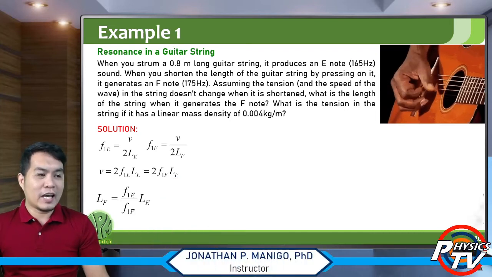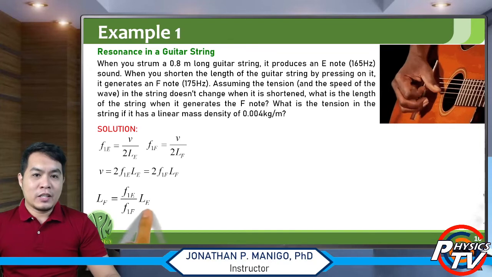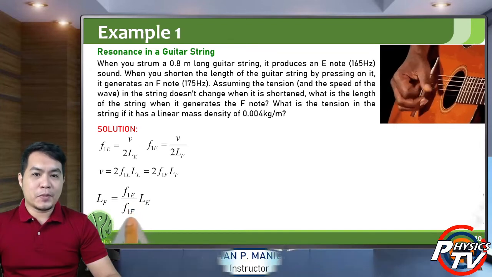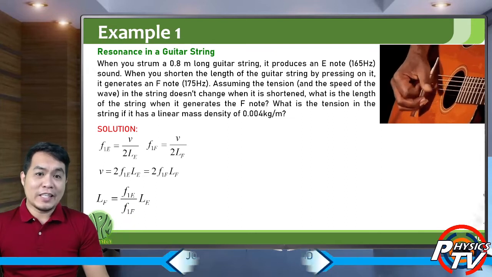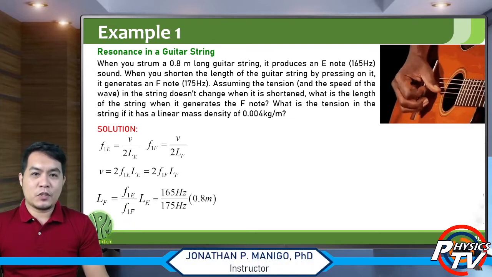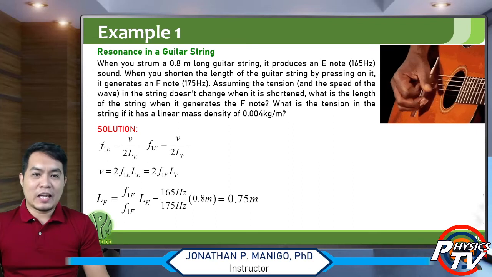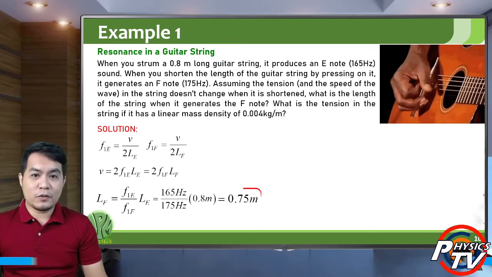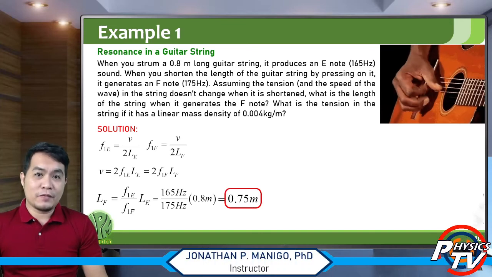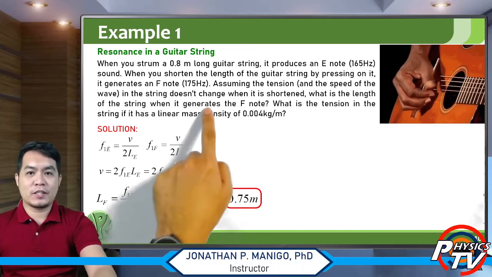From here we see that L_F is just the frequency of the E note over the frequency of the F note times the length of the string when it generates the E note, L_E. Substituting all the values, we get the length of the string when we shorten it to generate the F note to be 0.75 meters. So that's the answer to the first question.